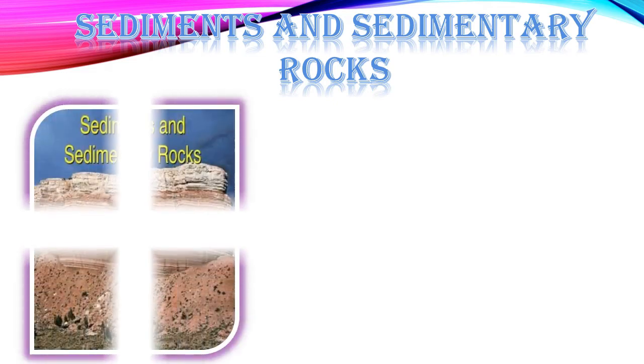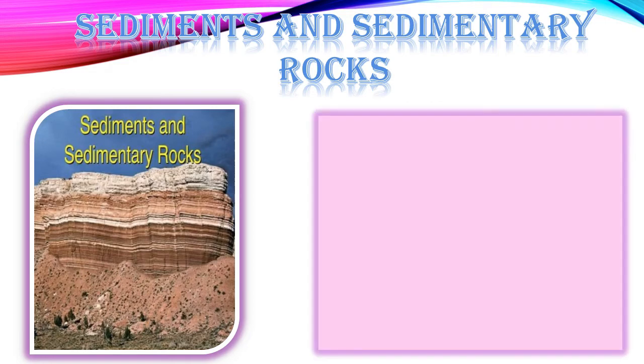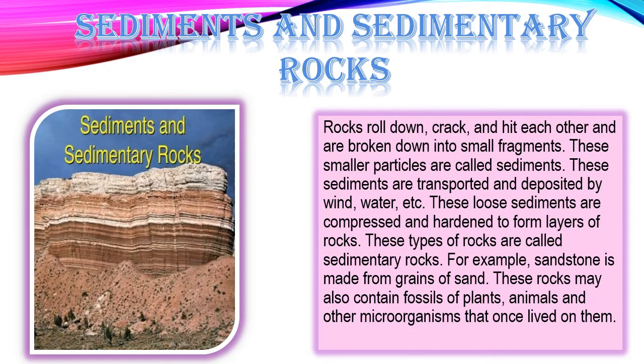The next rock is pretty interesting, which is known as sediments and sedimentary rocks. Look at the picture here. Here are given the sediments and sedimentary rocks. Rocks roll down, crack and hit each other and are broken down into small fragments. These smaller particles are called sediments.